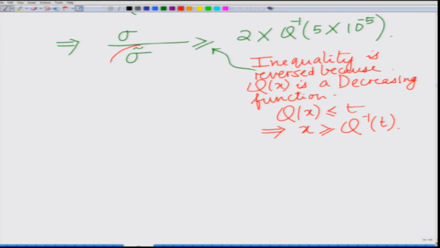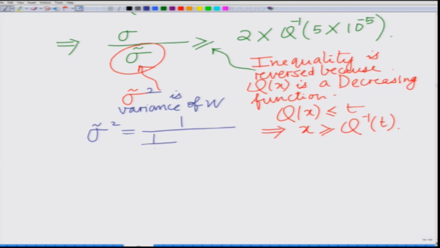Now, let us substitute this expression for sigma tilde. Sigma tilde is the square root of the variance, that is the standard deviation of the estimation. Remember where we got this: sigma tilde square is the variance of W, and sigma tilde square equals 1 over sigma square by n plus 1 over sigma h square.